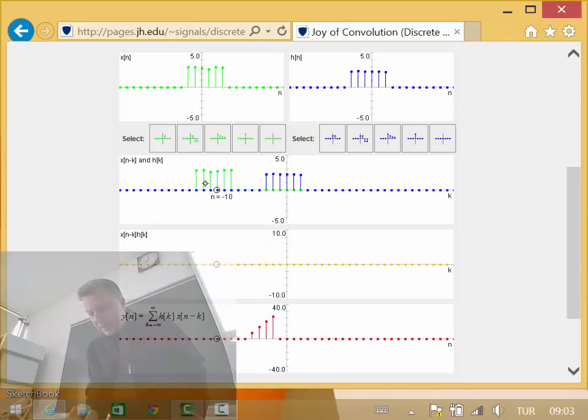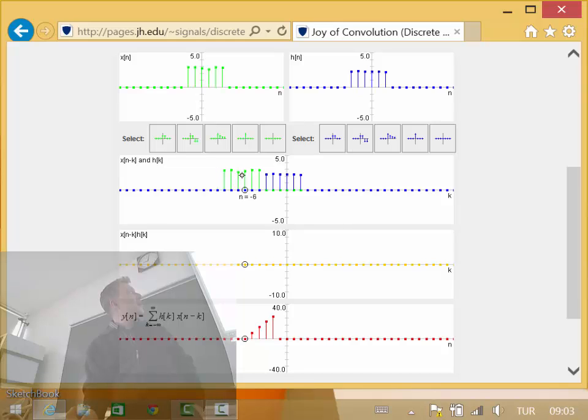Whenever I touch and start scrolling, you see this one is the flipped around version of the left hand side green figure, and I'm able to slide it using the mouse. At the position n equal to -10, for example, then -9, -8, -7, -6. Just look at the yellowish figure in the middle. You see that there is no overlap, and the multiplication still gives you 0.